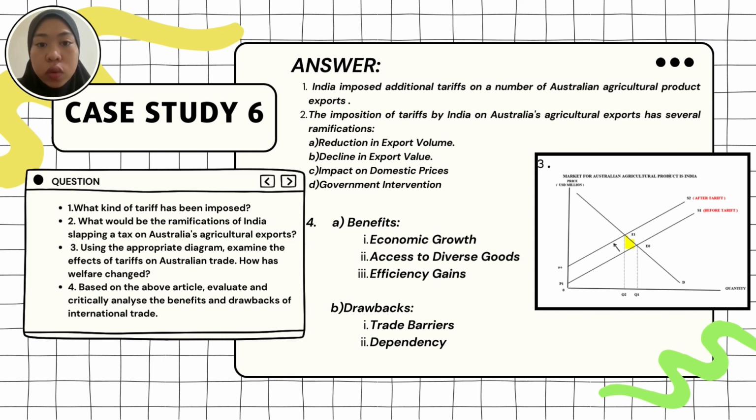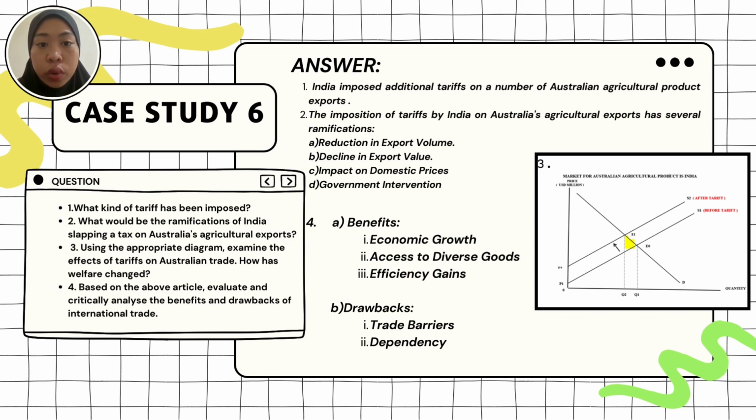B, access to diverse goods, which is, a country can access goods that may not be available domestically, leading to increased variety and consumer choice. C is efficiency gains, which is, specialization allows countries to produce goods more efficiently, leading to overall efficiency gains.